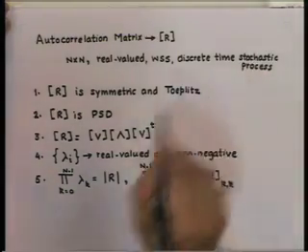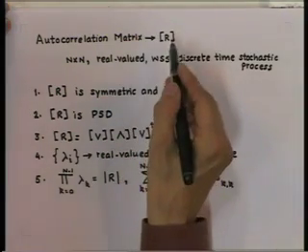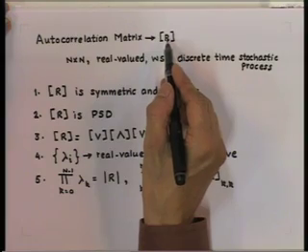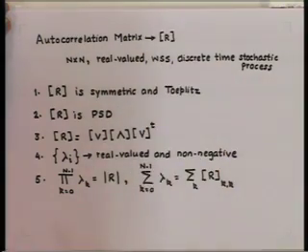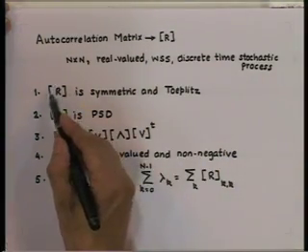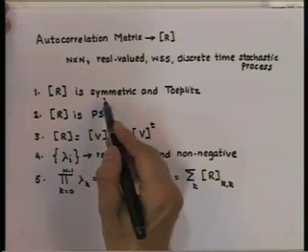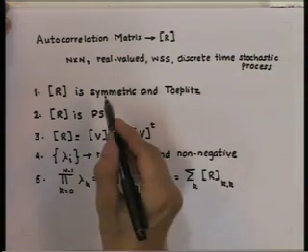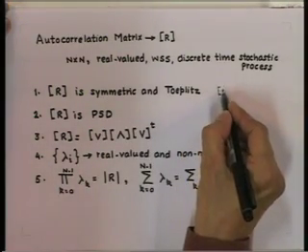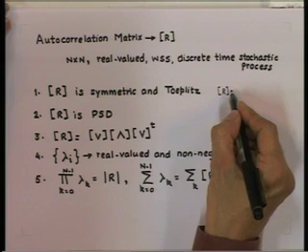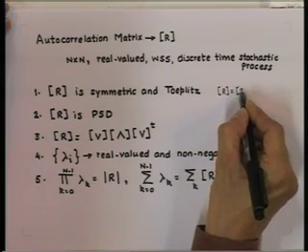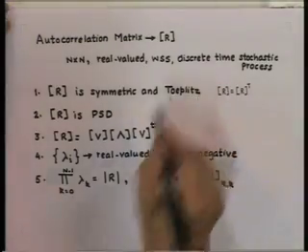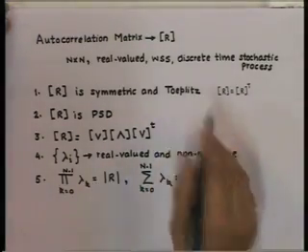Now, the following properties are useful with this autocorrelation matrix. Autocorrelation matrix denoted by R is symmetric and Toeplitz. What it means is that R is equal to R transpose, while a Toeplitz matrix has equal elements on all diagonals.